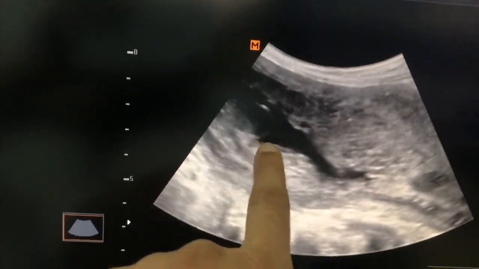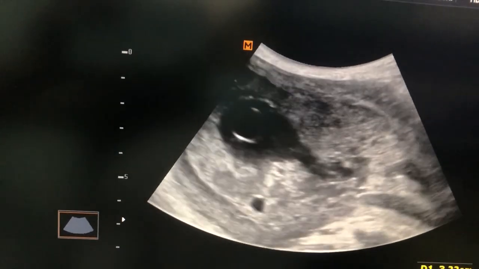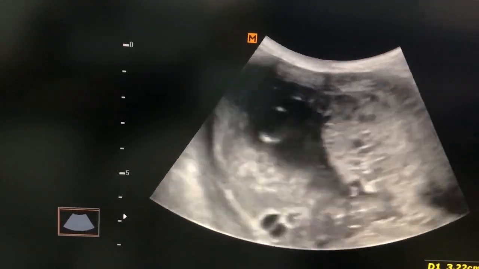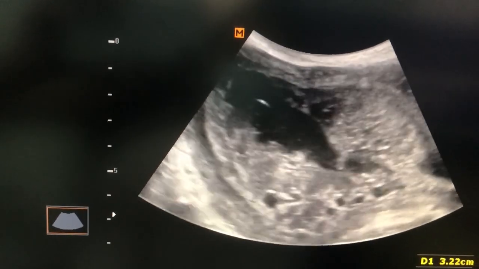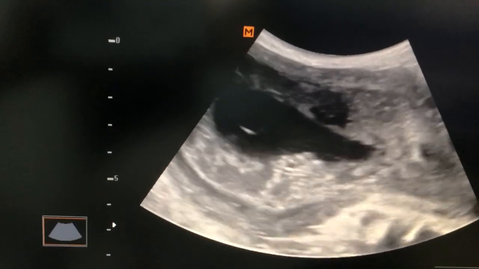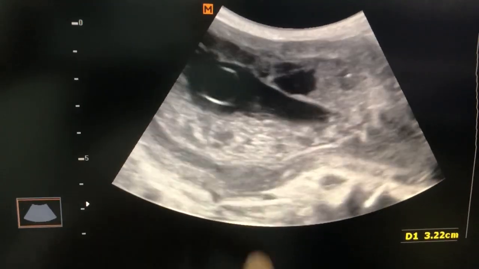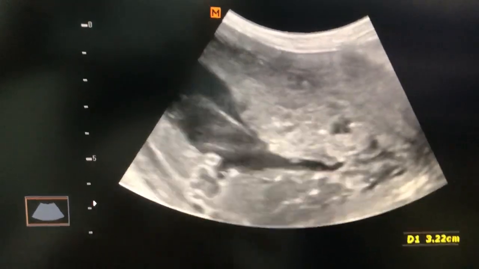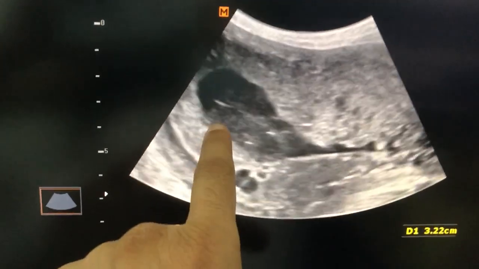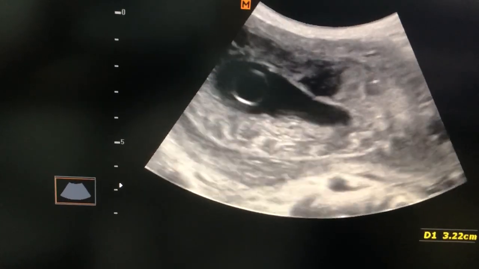And yes, here there is some cystic area, maybe a part of molar pregnancy, some sort. Or as it is outside the amniotic cavity, it could be yolk sac also, more looking like a yolk sac.